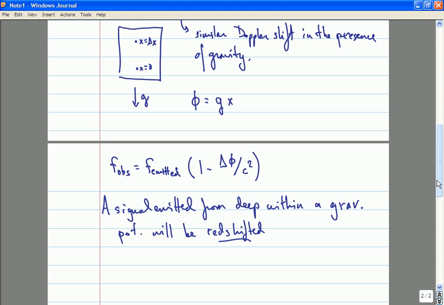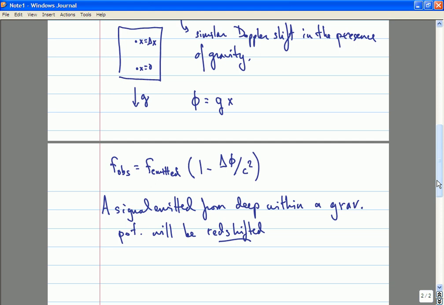And indeed, maybe not this class, but certainly next class, I'll write down for you the exact description of the curvature of space-time that will encapsulate this effect. But for now, you should consider this just as a consequence of the equivalence principle along with Newtonian gravity before really accounting for all of the details of special relativity. Because in order to fully unify special relativity with gravity, we would need to understand the full complexity of general relativity, which is not something I want to go into too much detail in this class, because it's a very technical and detailed subject that we could spend an entire course on, or more than one course.